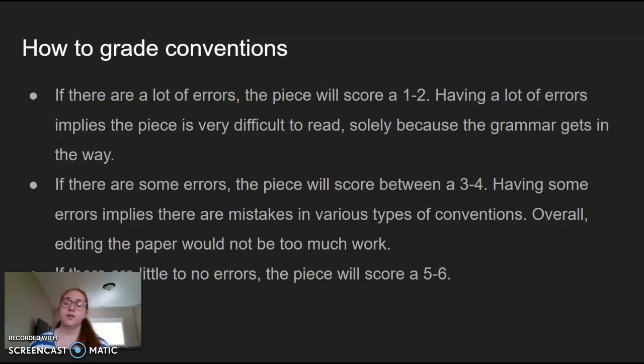So there's errors in various types of conventions. It's not just one convention that's being misunderstood. It's multiple types. And so overall, editing the paper wouldn't take too long. It wouldn't be too much work, but you still want the student to be able to do that, so the student's learning rather than you just doing it and giving them the answer. And if there's no errors, the piece is going to be a 5 to a 6.